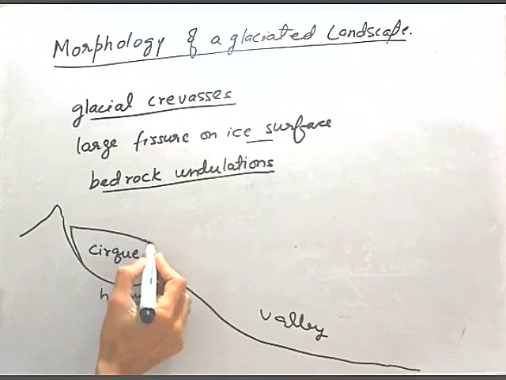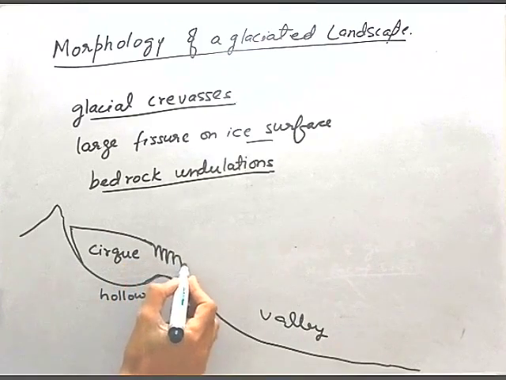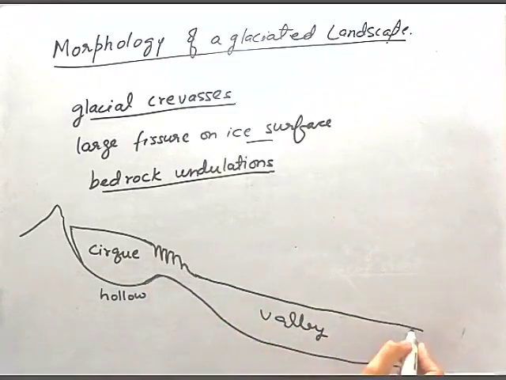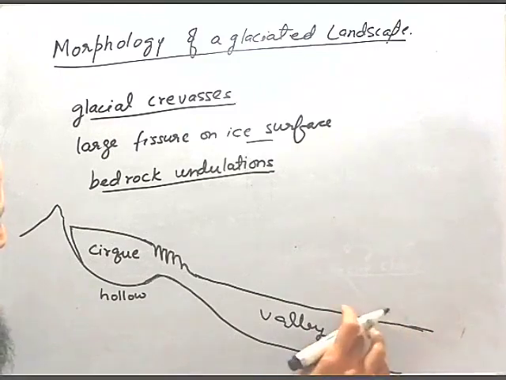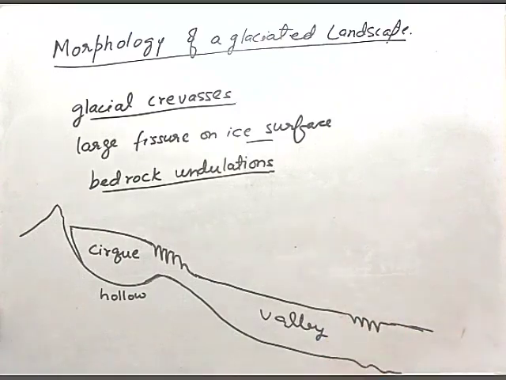Now at this junction large crevasses are present, and the glacier descends down into the valley after these crevasses. And wherever there is an undulation within the valley profile, this is reflected in the form of crevasses on the top of the ice surface.